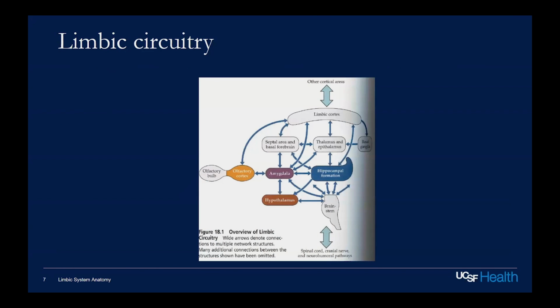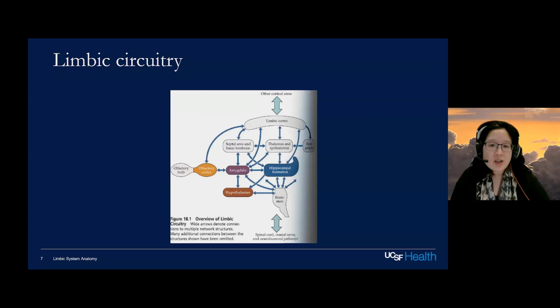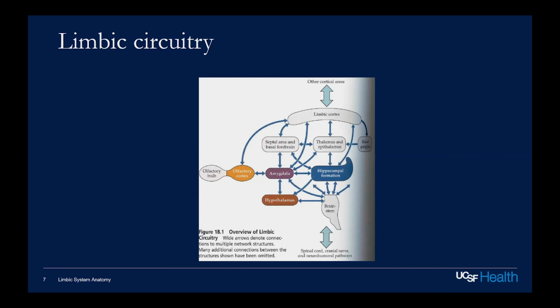This is just a schematic of how complicated the few structures in the limbic system are. They're all interconnected and interrelated. So we'll be focusing on olfaction, the hippocampus, amygdala, and the hypothalamus, but really these have a lot of crosstalk, not just with each other, but also with the limbic cortex, and different areas and tracts that connect the limbic cortex with these other structures.